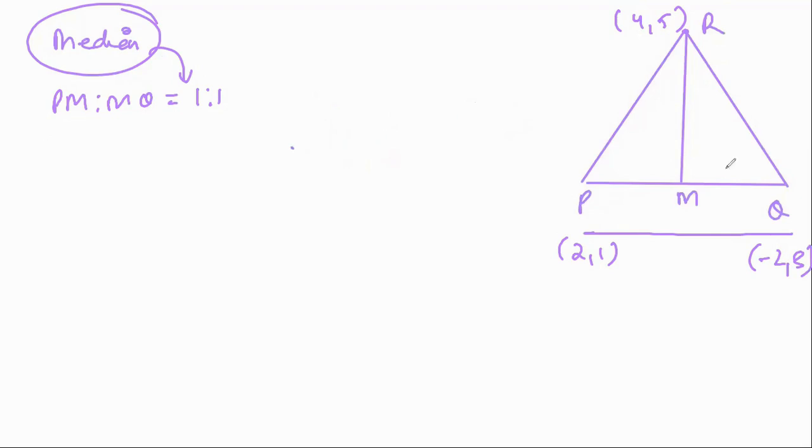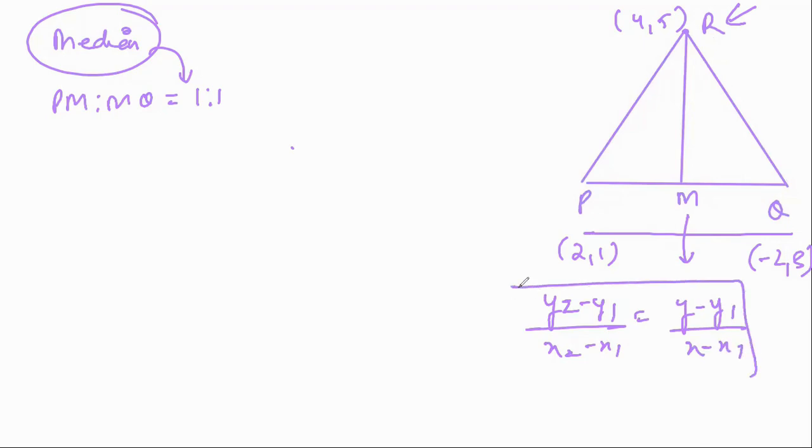First of all, we have to find the coordinates of M, because whenever we have to find the equation of a line, there are four forms of equation of a line. Here, because we have the coordinates of R and we want the coordinates of M, we will use the two-point form of the equation of a line, which is (y2 minus y1) over (x2 minus x1) equals (y minus y1) over (x minus x1). Through this we can find the equation of line RM.